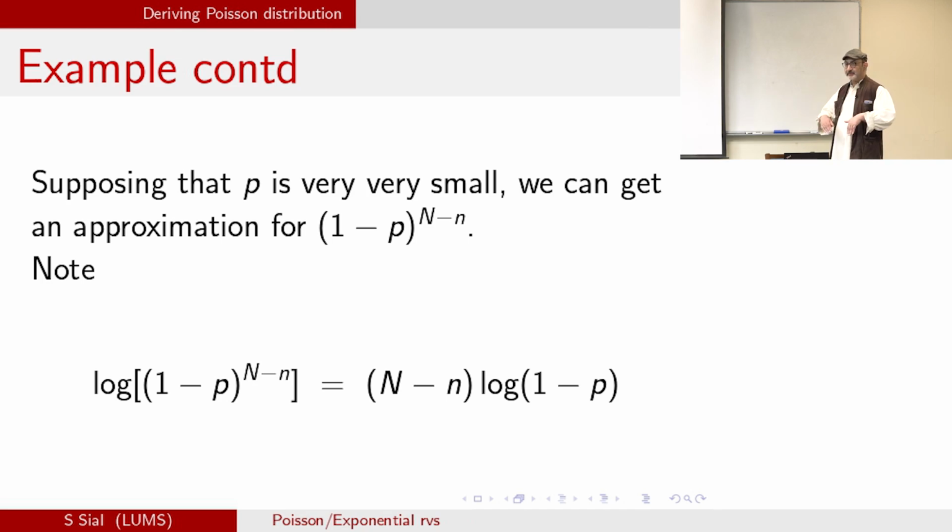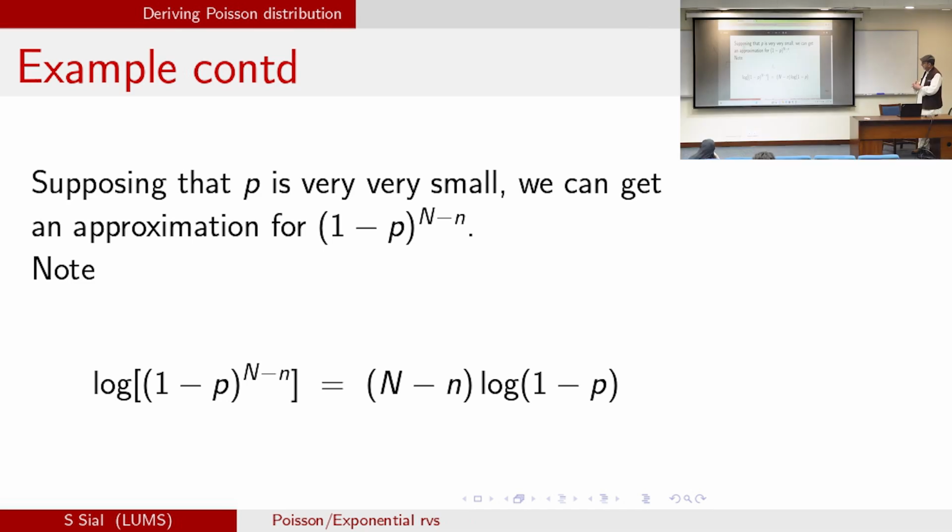So we can take the logarithm of something, manipulate it, and then take the exponential to recover the original thing, right? So we take the logarithm of 1 minus p to the big N minus small n. That's the same as big N minus small n times the logarithm of 1 minus p.